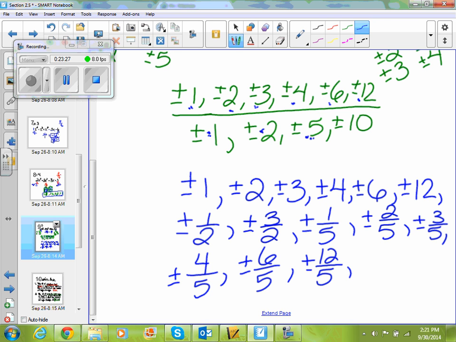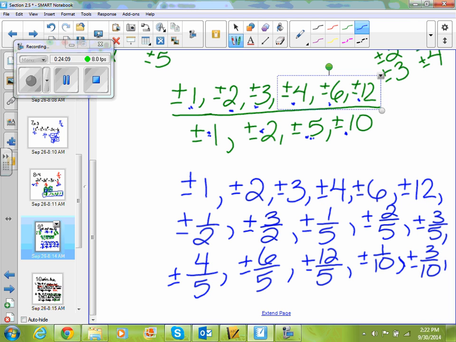Okay, the last term we have to group with is that 10. So 1 divided by 10 is positive or negative 1/10. 2 divided by 10 is 1/5, which we already have from my first set of groupings, so I don't have to rewrite it. 3 divided by 10 is 3/10, which we don't have, so I have to write it. 4 divided by 10 is 2/5, which we have from my last set. 6 divided by 10 is 3/5, which we have already.